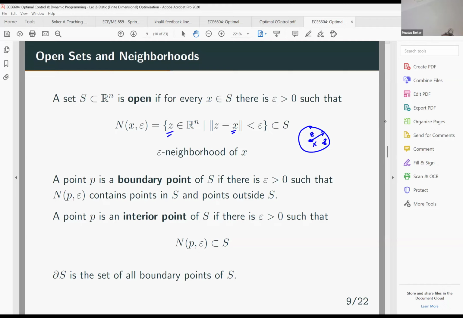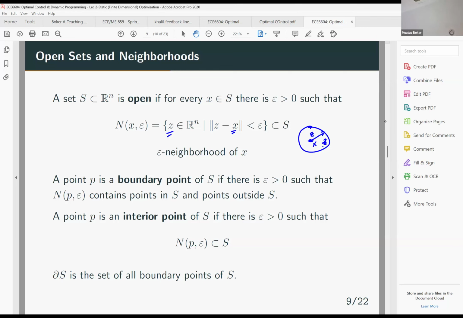I'm trying to make the picture simple by saying that this z is a point, but basically it's a vector. Anyway, if that z is inside that ball, for all z's that are inside that ball, then that is an open set.